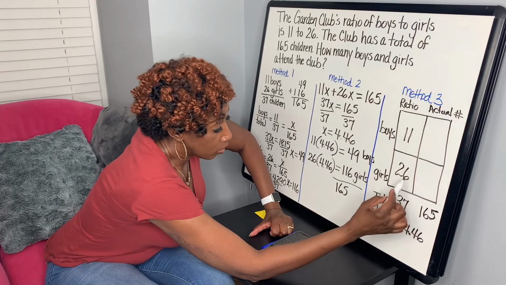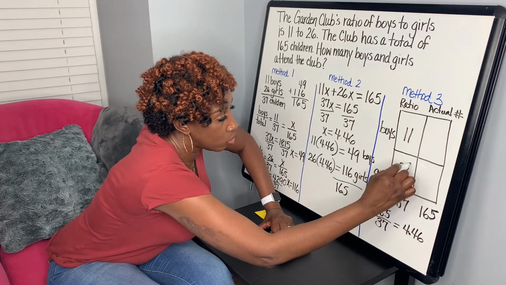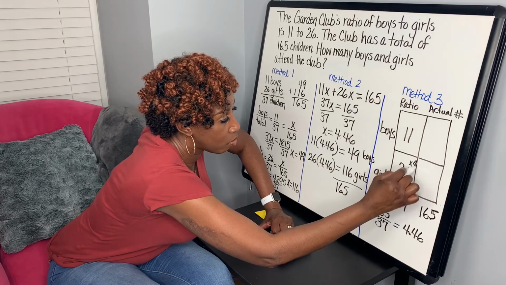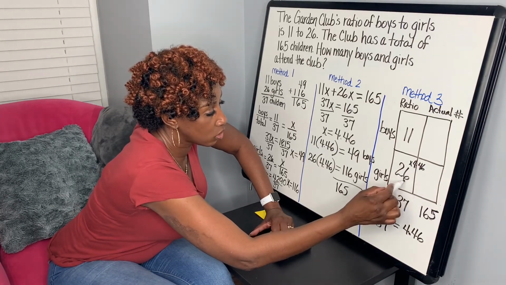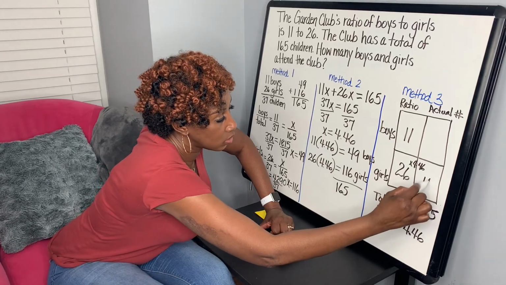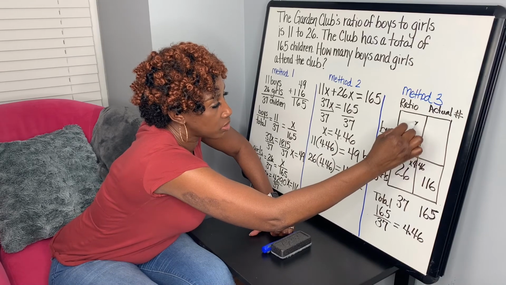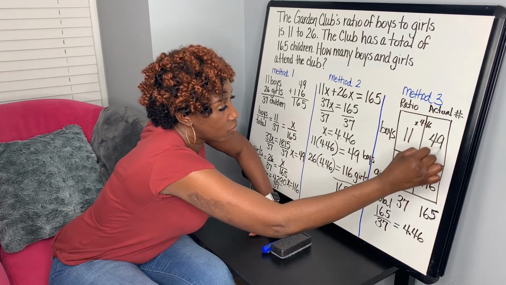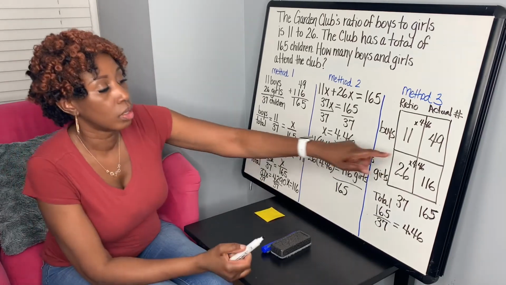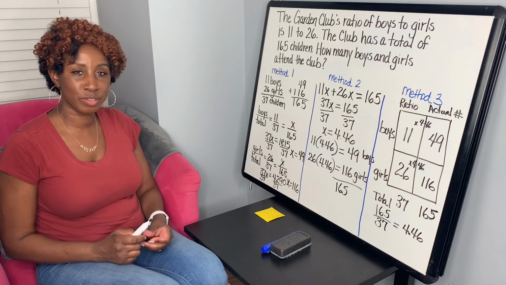That means I need to do the same thing for the others. For each one of these, I should be multiplying by that 4.46. If I do 26 times that 4.46, I get 116. Same thing here: if I do 11 times that 4.46, I get 49. Again, they total up to be my 165.